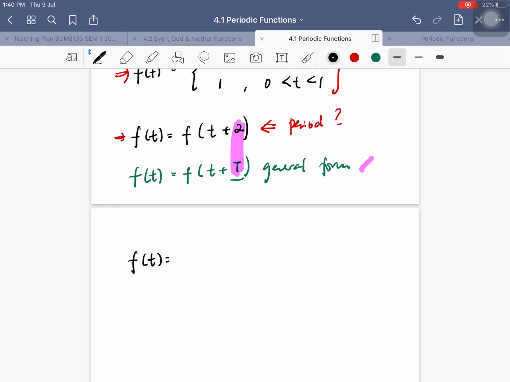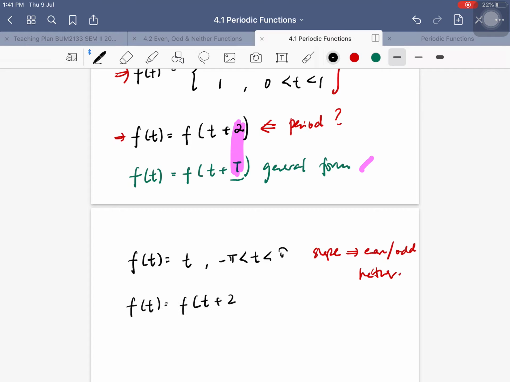So f of t is going to equal t from -pi until pi. Right, so of course the first one is going to give you information about the shape. From this one, you're going to determine whether your function is even, odd, or neither. And then if it's a periodic function, there will be extra information given that f of t is going to equal f of t plus 2 pi for this case.